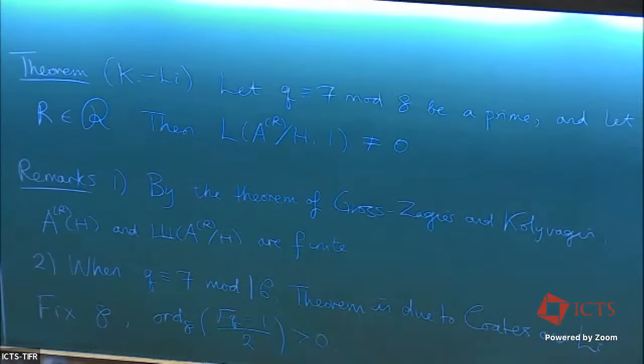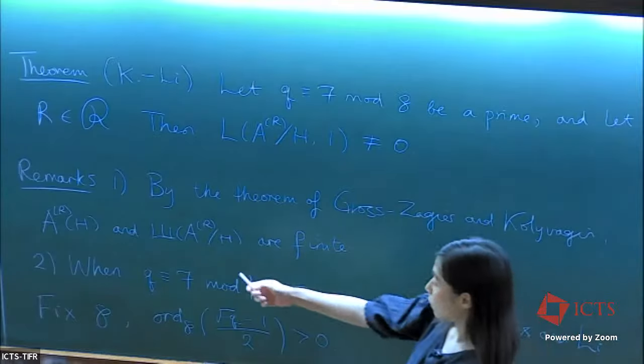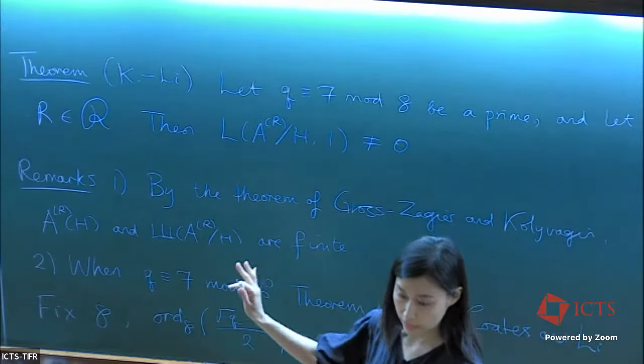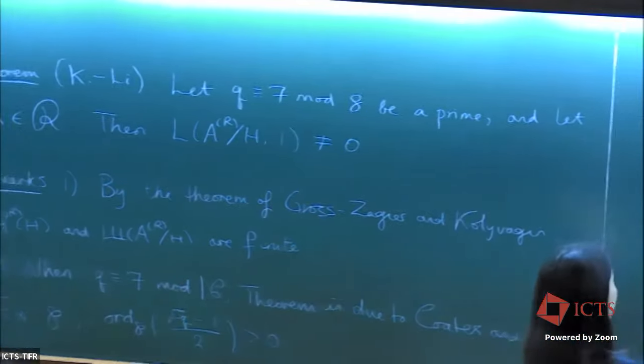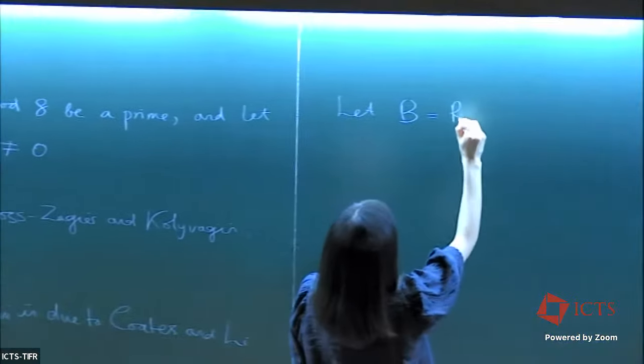Another interesting thing is that instead of Iwasawa theory for this elliptic curve A, we need to use Iwasawa theory of the abelian variety you get by restriction of scalars from H to K. So let B be the abelian variety you get by restriction of scalars.